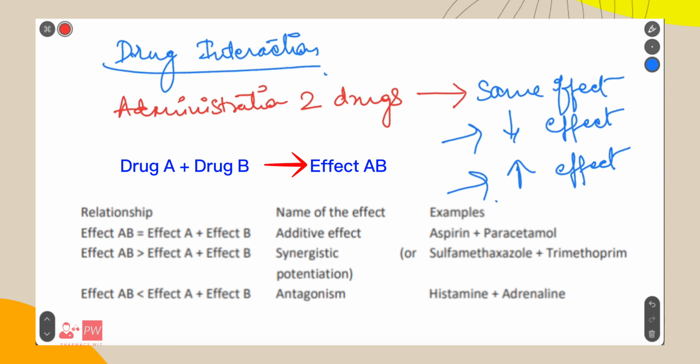For example, sulfamethoxazole and trimethoprim. Third relationship is the effect of AB is less than the effect of A and effect of B. This is called antagonism. For example, histamine and adrenaline. So these are the drug interactions, their relationship and the name of the effect.